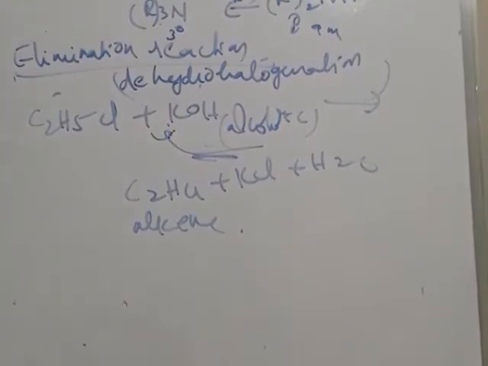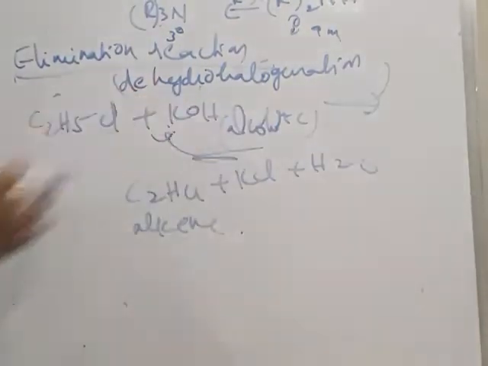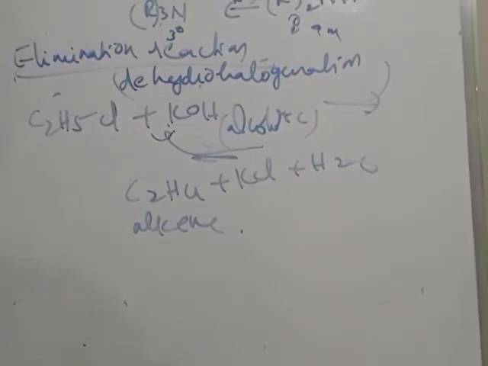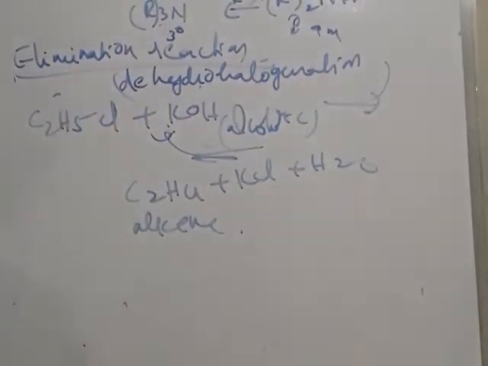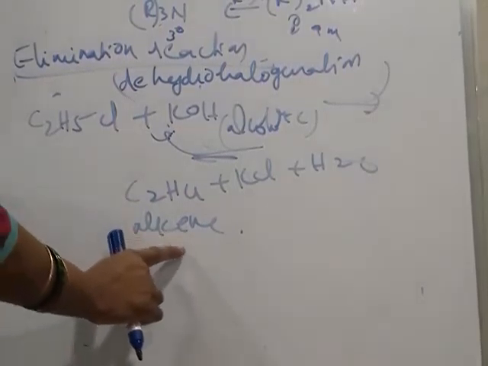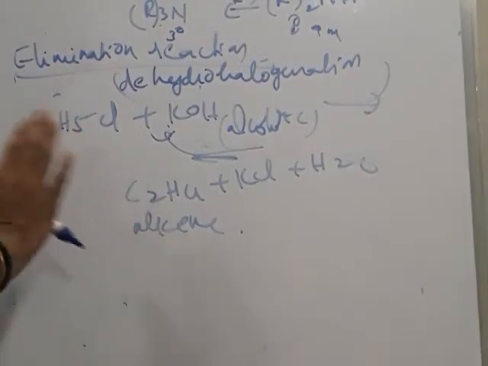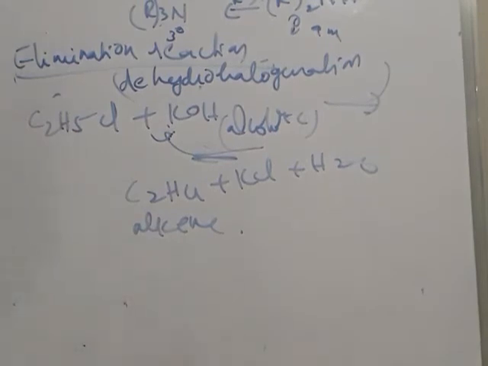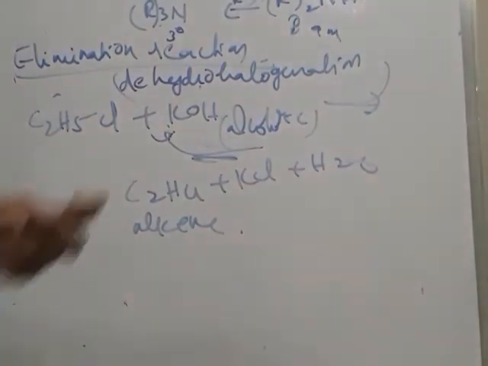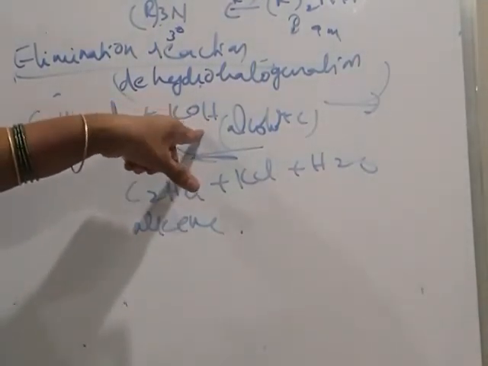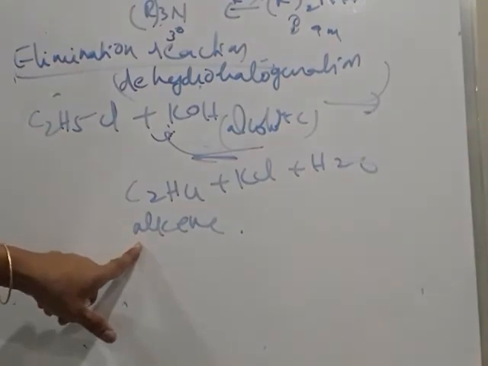It eliminates both hydrogen and halogen, and with the elimination we get alkene, an unsaturated compound. So in elimination reactions, a saturated compound converts into an unsaturated compound.